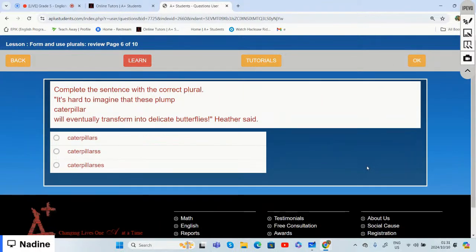Well done. It's hard to imagine that these plump caterpillar will eventually transform into a delicate butterflies. So which one is correct? Option one, caterpillars, option two, or option three?